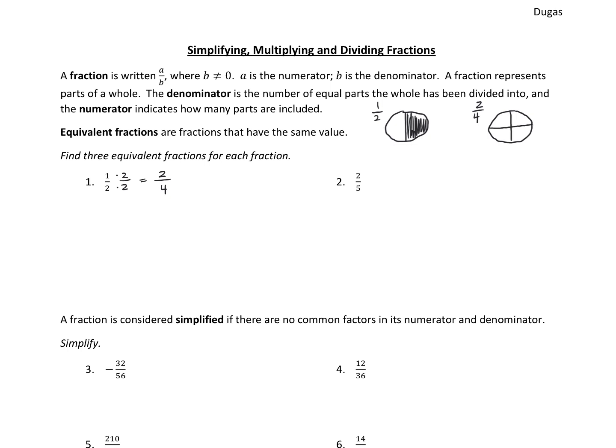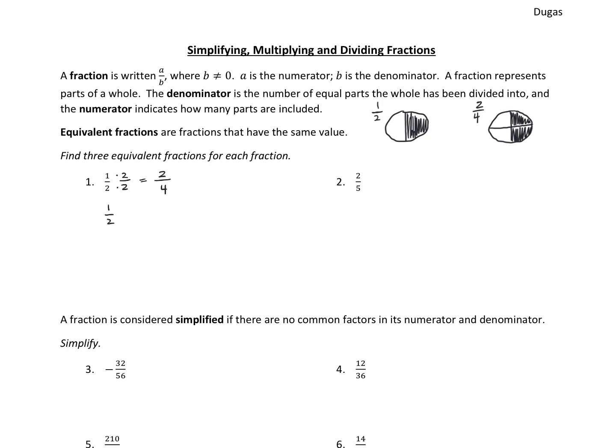But I have 2 of those 4 pieces. So here's one piece and here's another piece. Notice that I've colored in the same amount of the circle. I've colored in 1 out of 2 pieces or 2 out of 4 pieces, but either way, it's half of the circle. So they're the same value. They mean the same thing. So that's why they're equivalent fractions.